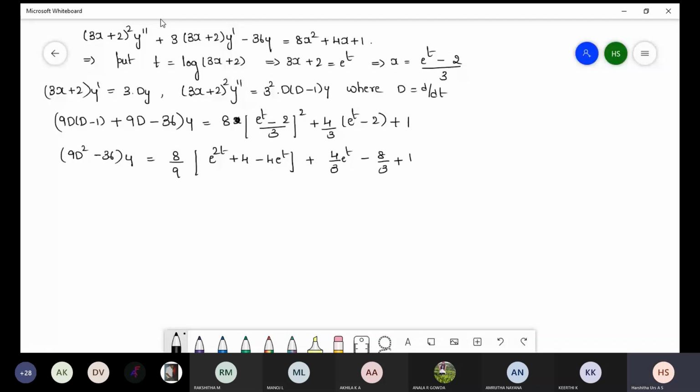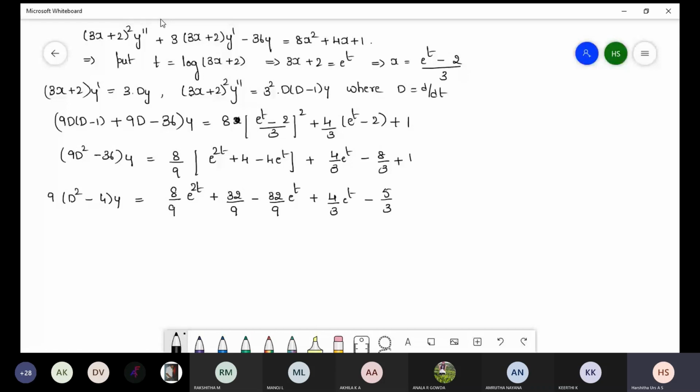Now take out 9 as a common. So 9(D² − 4) y = (8/9)e^(2t) + 4 × 8 is 32/9 ... 4 × 8 is again 32/9 e^t + (4/3)e^t, here −5/3.